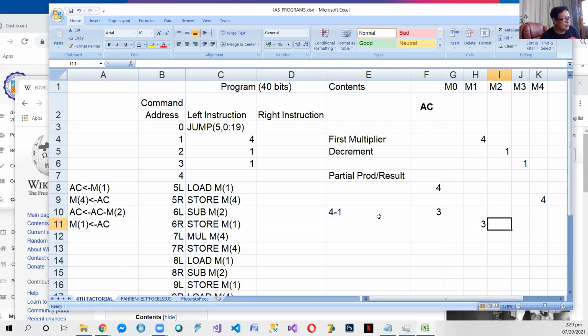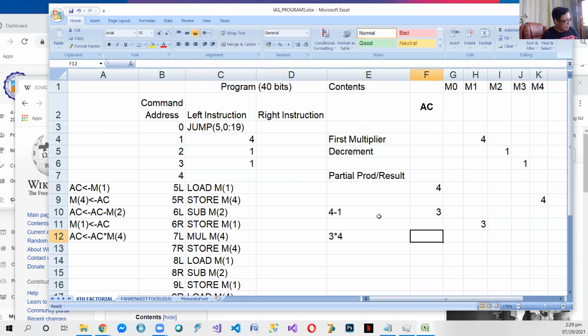Compute the next partial product. We have mul, which stands for multiply. AC receives AC times M of 4. Do you follow? So what's M of 4? It's currently 4. AC is 3. Currently 3 times M of 4 is 4. So that's the actual content.